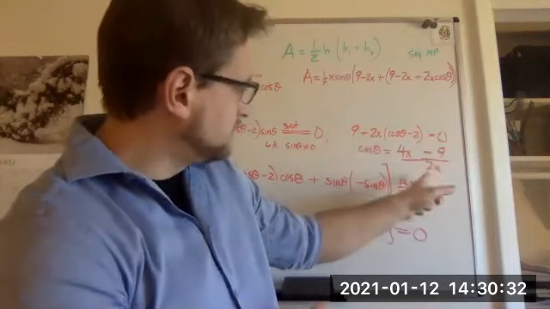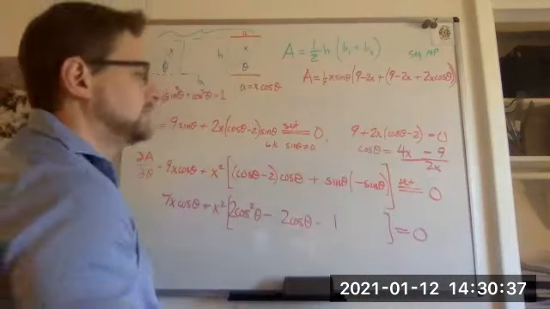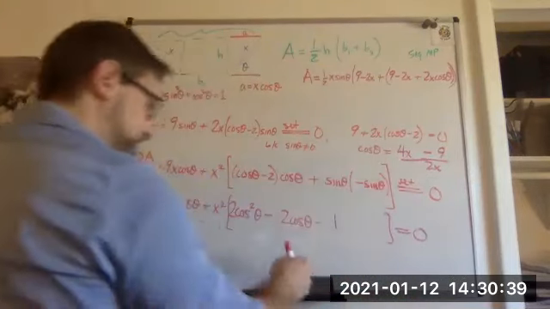The common denominator is 2x. We had a 2. Okay, so that's cosine theta.